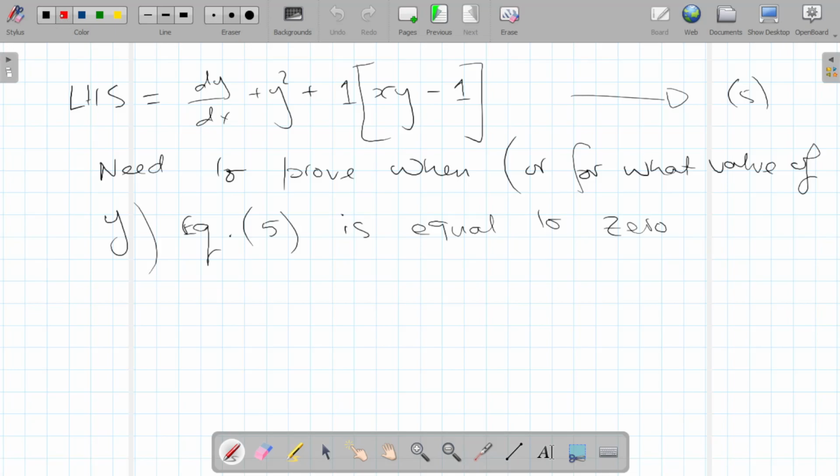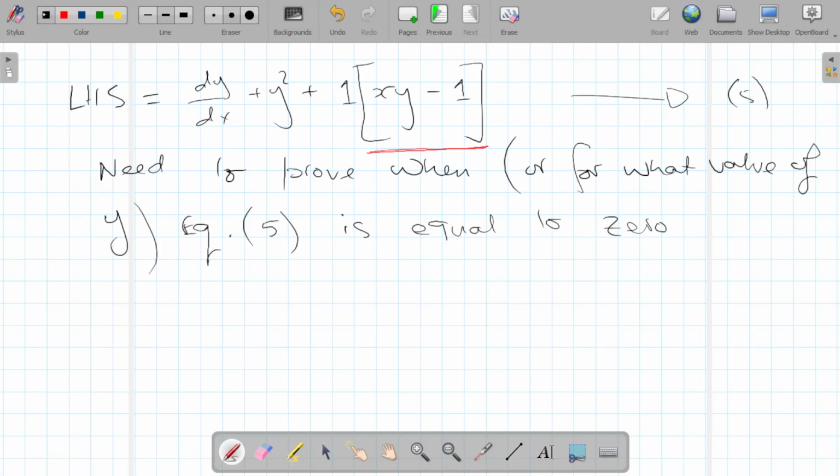I don't know if this works in all cases, and it probably doesn't with some types of Riccati equations, but in this particular case, we can find a trial solution by just considering this part of the bracket. It might not always work, but it works for this.